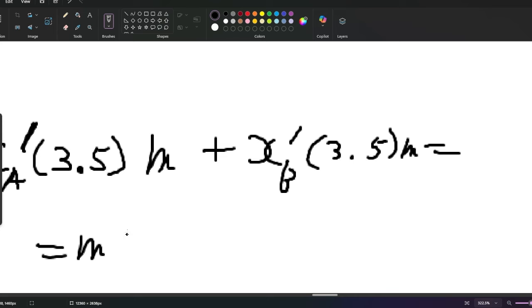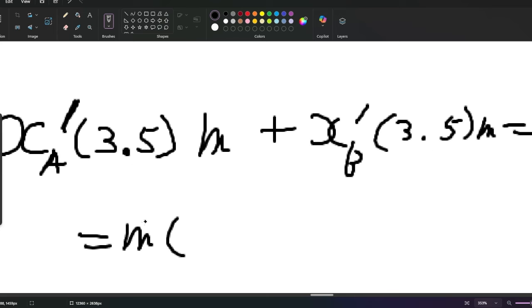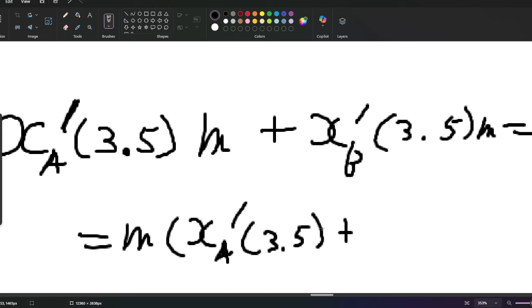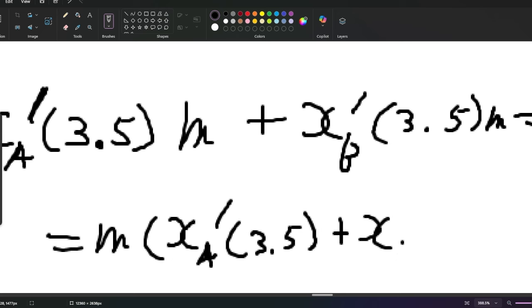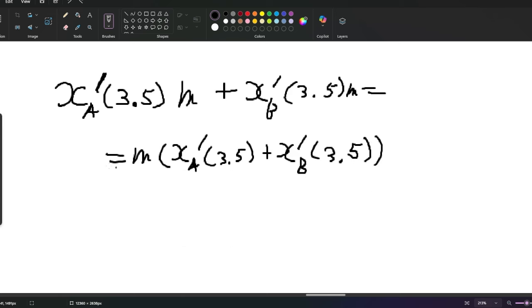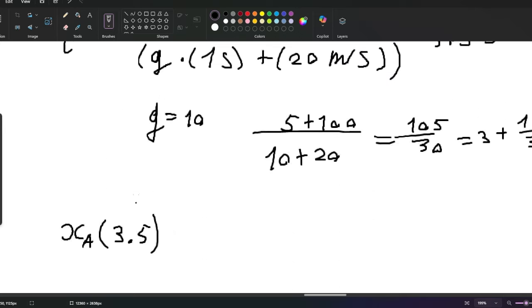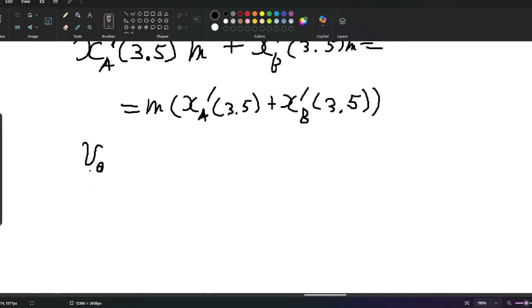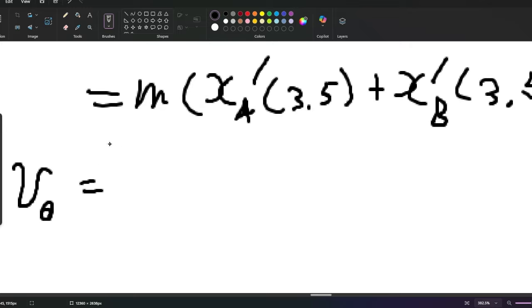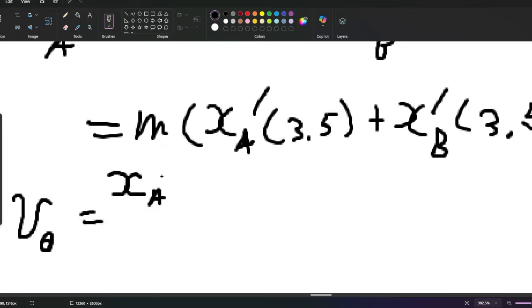So m times (xA prime 3.5 plus xB prime 3.5). So this basically implies, considering how the new mass is 2m, that the initial speed from the point where they collide is going to be the average of the speeds they were colliding at.